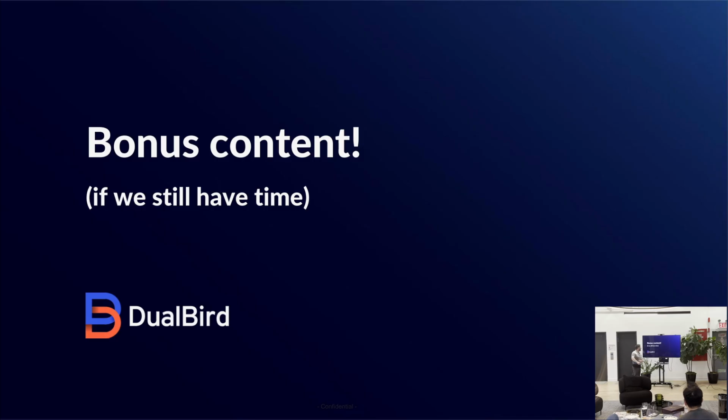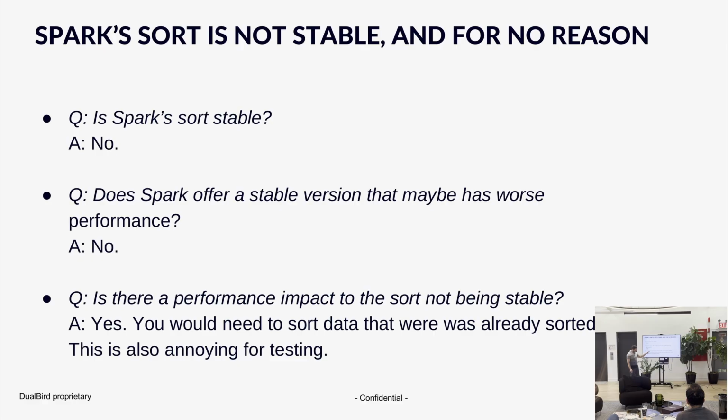Awesome. Okay, so to talk about something even less important, this is just me venting about Spark sort not being stable because there's just absolutely no legitimate reason for why that is. Sort is not stable. Unlike most of the other libraries, it doesn't even offer a stable version, even with lower performance.